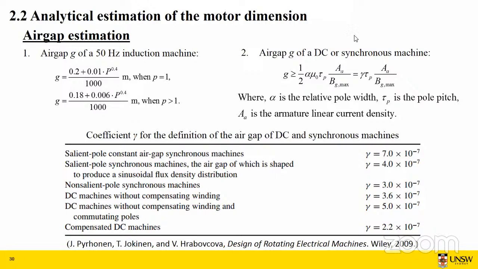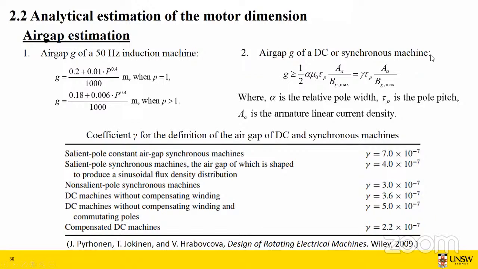Normally for an induction machine that is supplied by a 50 Hertz supply, the air gap can be calculated or estimated using this equation. This capital P is the power, and this small letter p is the pole pair. But in this tutorial, we focus on DC and synchronous machines, because this is a course about PMSM machine design.